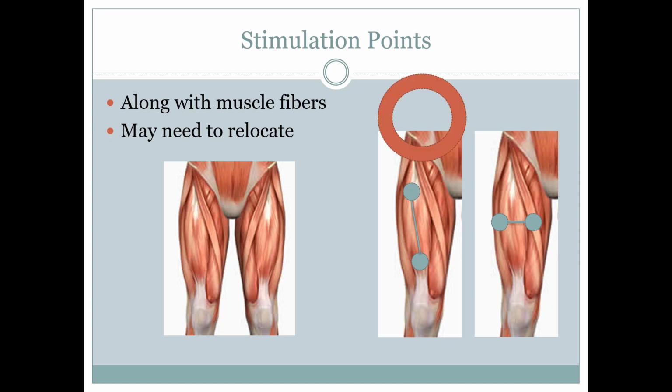The electrodes must be placed along the direction of the muscle fiber. Do not place the electrodes perpendicular to the muscle fiber, as it will have no effect on the muscular point you are attempting to stimulate. On occasion, a clinician may need to try out electrode placements and then relocate the electrodes based on trial and error.